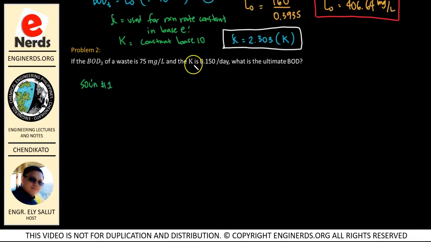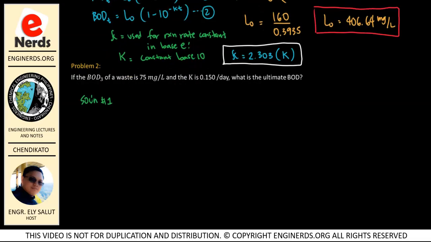So, our K here is capital, no? Sabi natin, if capital lang ating K, we will be using base 10 sa ating equation, no? So, let us write our equation. So, we have BODT is equal to LO times 1 minus 10 negative KT. Okay? So, ito yung gagamitin nating equation.